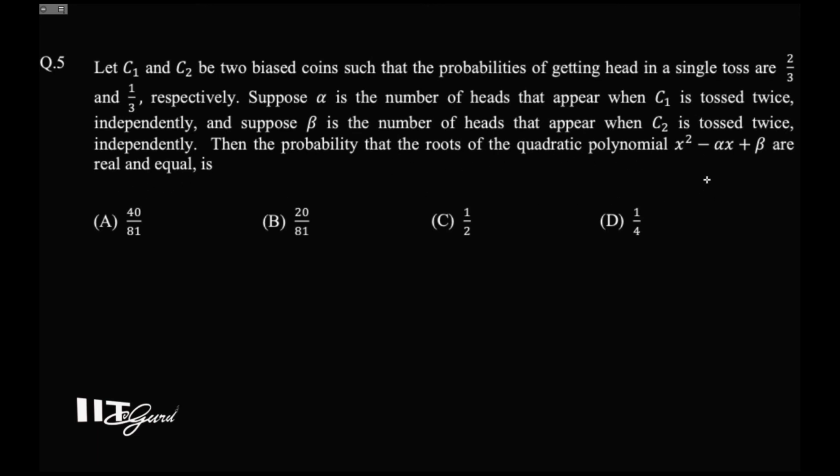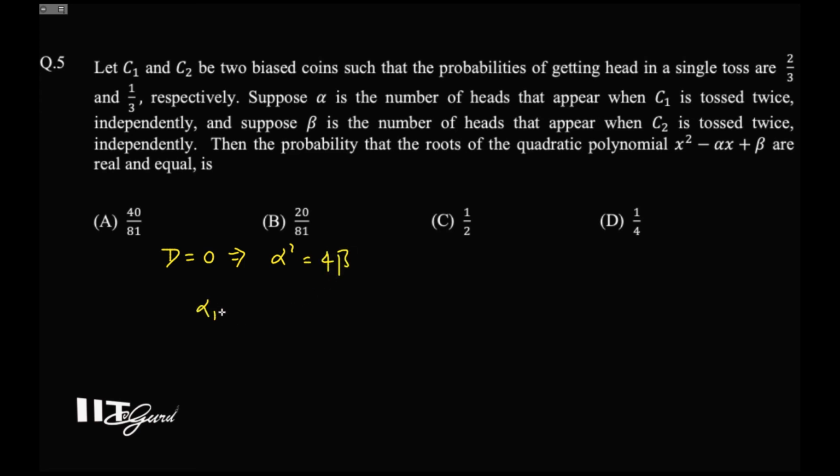So for real and equal roots, what is the condition? The condition is that the discriminant is equal to 0. This implies b square, that is alpha square, minus 4 beta equal to 0, so alpha square equals 4 beta.